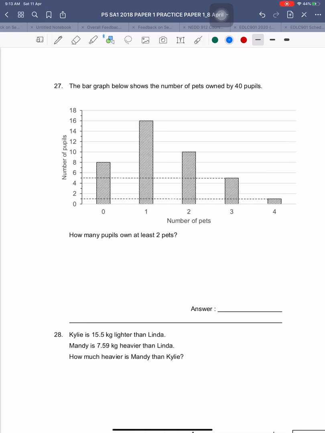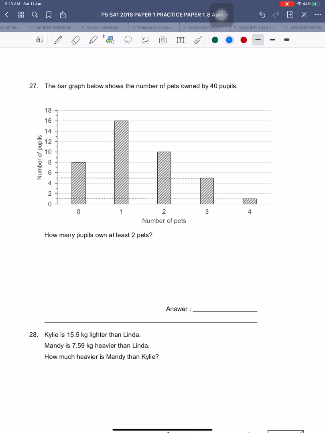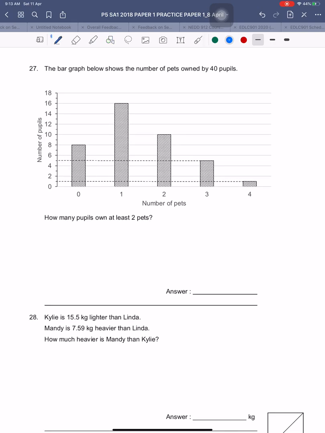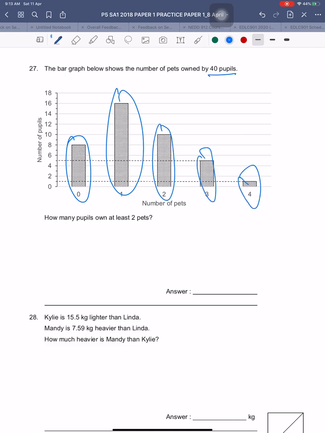Okay, question 27. The bar graph shows the number of pets owned by 40 pupils. The graph tells you that some of them do not have any pets. That is 0, 1 pet, 2 pets, 3 pets, and 4 pets. The question asks, how many pupils own at least 2?